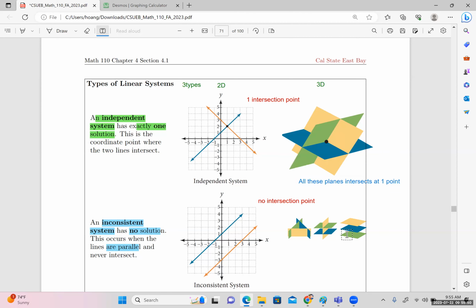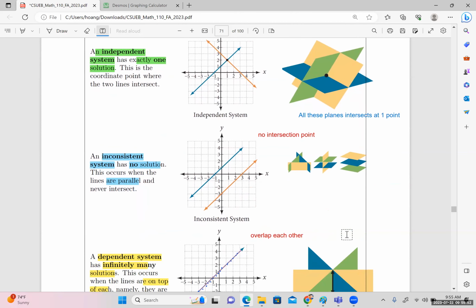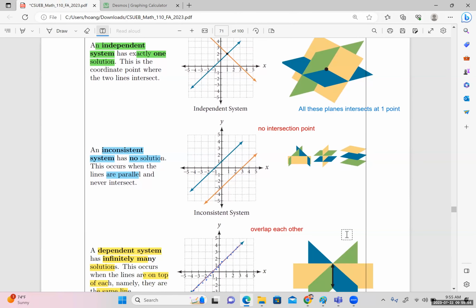So the second type, when we call an inconsistent system, as you can see, it could be like two planes intersect, but the last one does not intersect at the same point. So there's no intersection point for all three of them in this case.